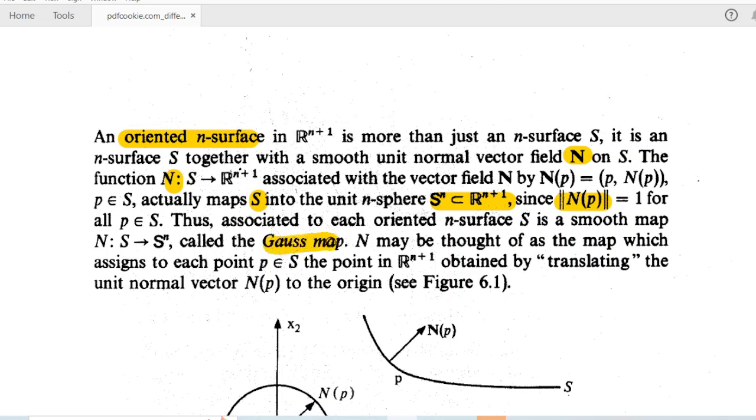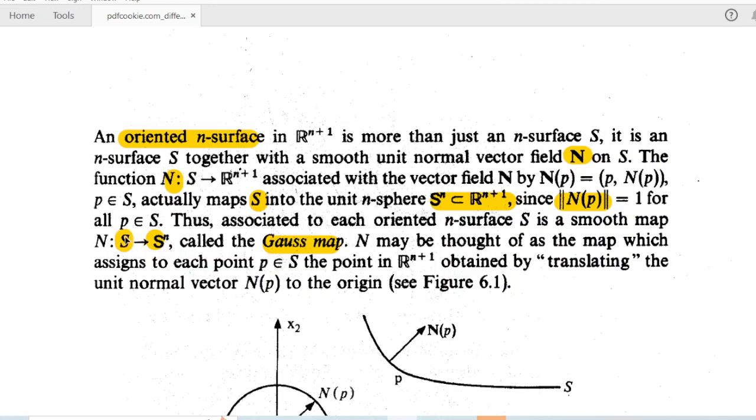So, Gauss map is a map N from S to S^n. S is an n surface, and S^n is the unit n sphere. So we know what a unit n sphere is, right? The one sphere is a circle, the two sphere is a sphere, the three sphere is basically an n ball. S^n is an n sphere and S is an n surface.